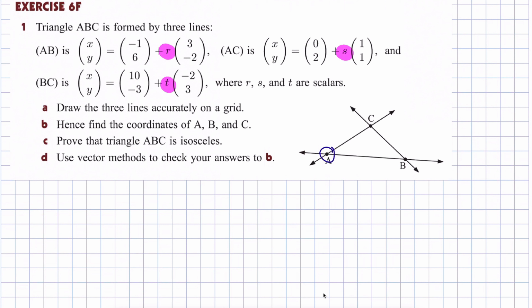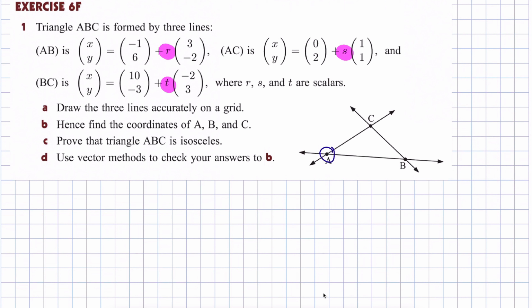When they're different lines, even in the same question, the parameters are not equal. They can be different. What we're trying to do is work out what those parameters would be so that you get the same coordinates.